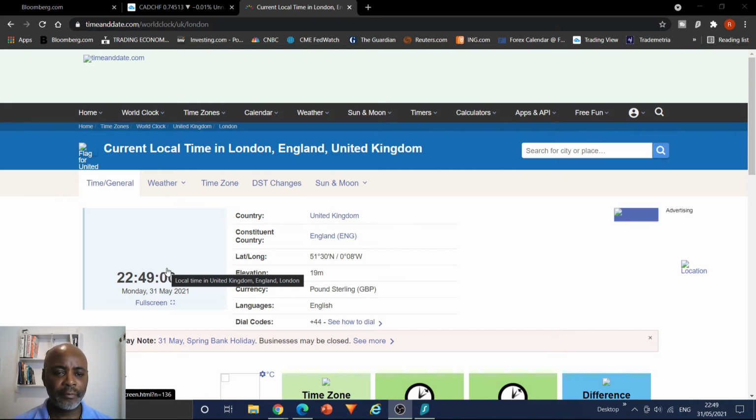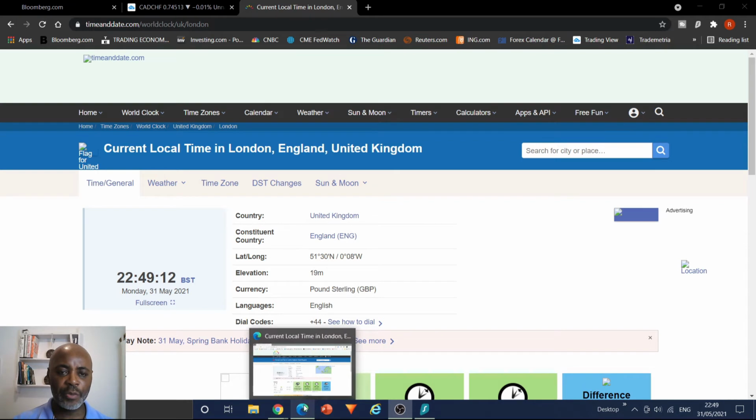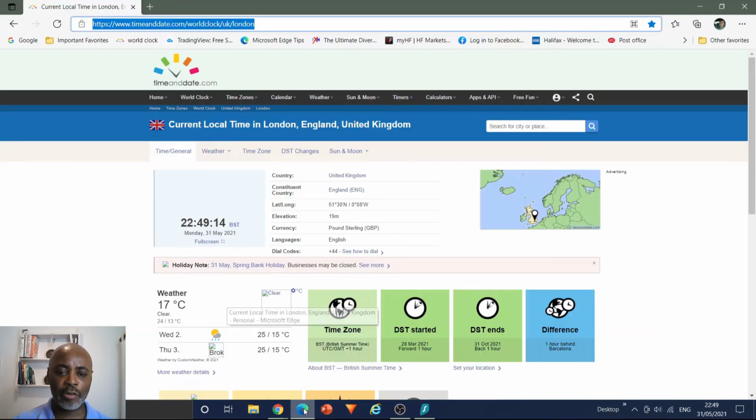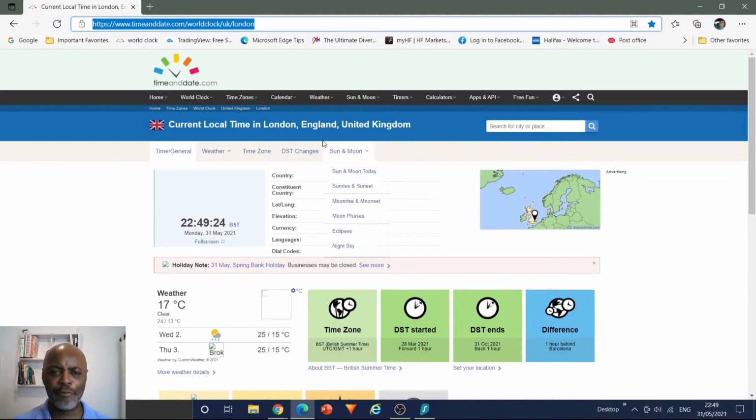Now, if this is looking a little bit in your face, this calendar here from the timeanddate.com website, what I've decided to do, up until now I've been using Microsoft Edge, and if you look at Edge, everything's a lot smaller, isn't it? It's a lot more user friendly.